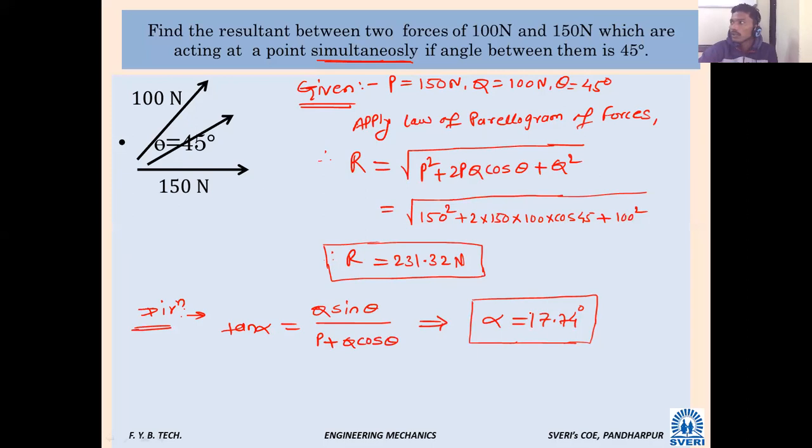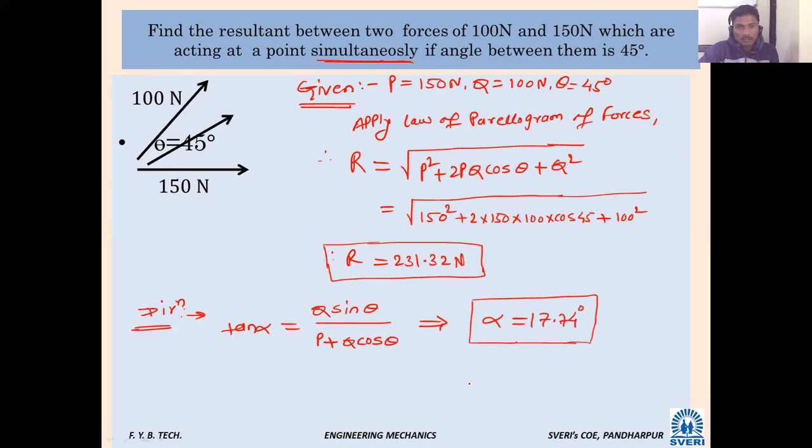Fast calculations. Only calculations you have to do, nothing else. Anybody calculating? Rohini, what is your answer?